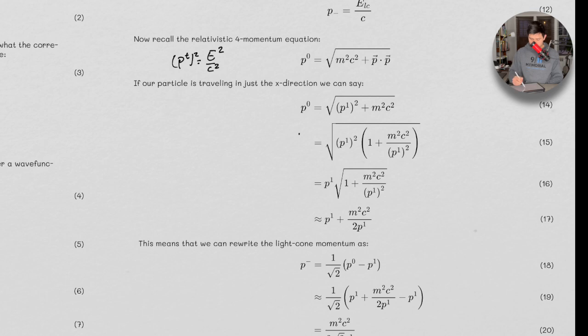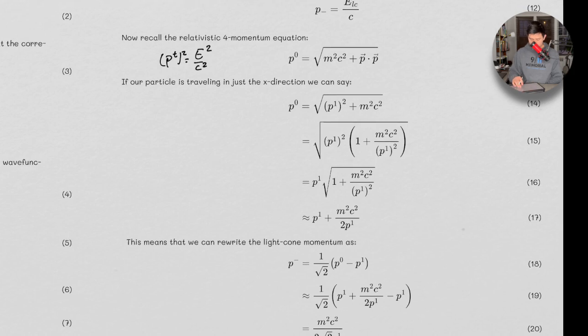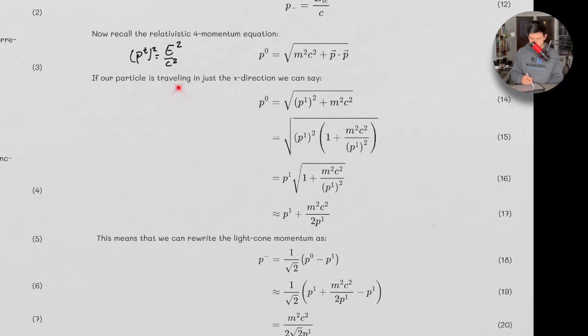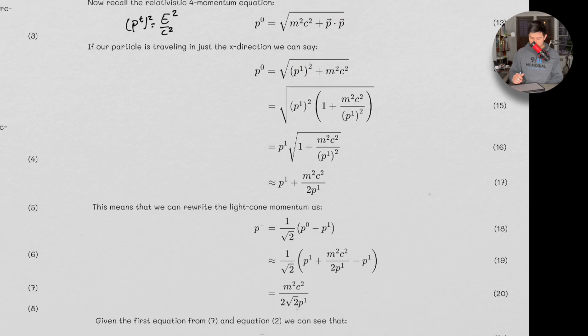And so from that, if our particle is just traveling in the x direction, this thing is going to reduce down just to the x direction, which is P1. And so we get this, and then doing some math, we can get this guy here, right? We're just extracting P1 out, so we have to divide this by P1.